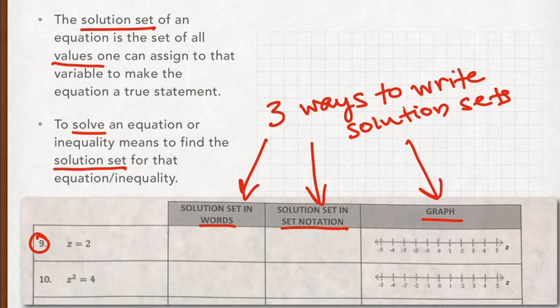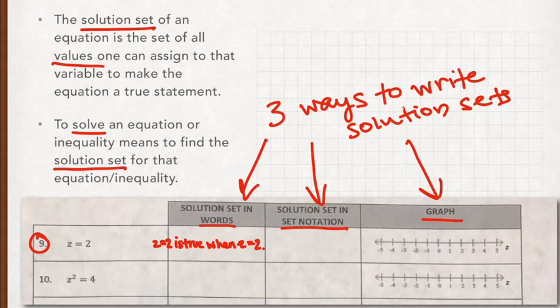Let's take this first example. We already established that the only value we can substitute the variable z for is 2 to make that true. So in this case, if I want to use my words to describe that, then I would say z equals 2 is true when z is equal to 2.